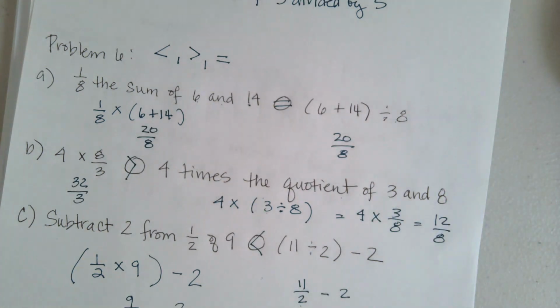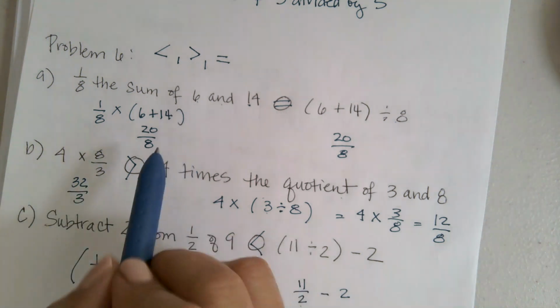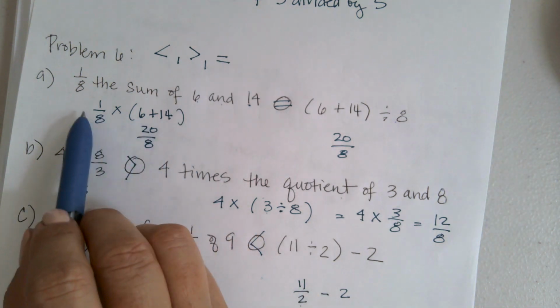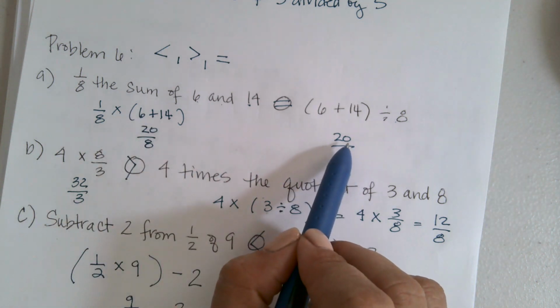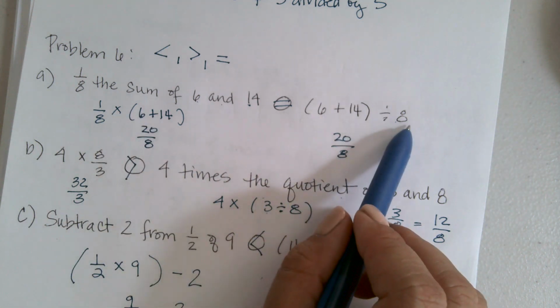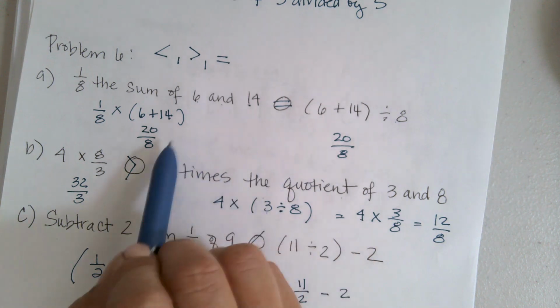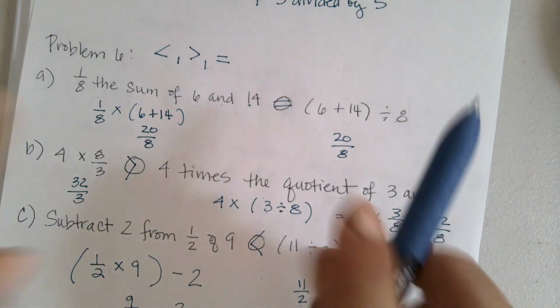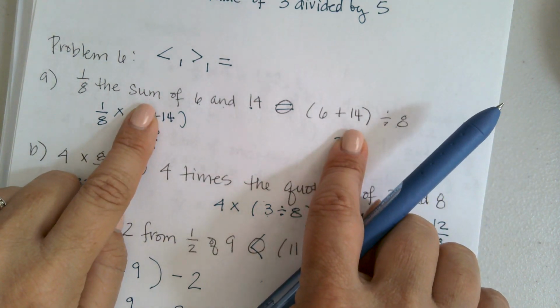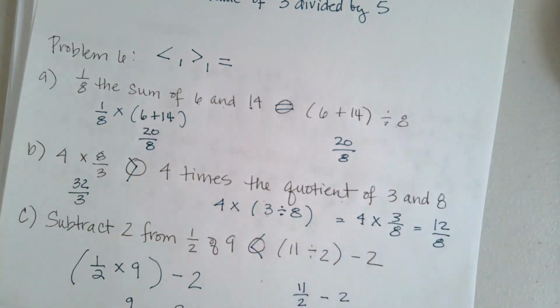All right, so technically you could have compared these expressions without calculating, because if you just realize that 1/8 times 6 plus 14 is the same as 6 plus 14 divided by 8, you would automatically know without even having to evaluate or solve that they were equal. But you have to be able to realize that those are equivalent.